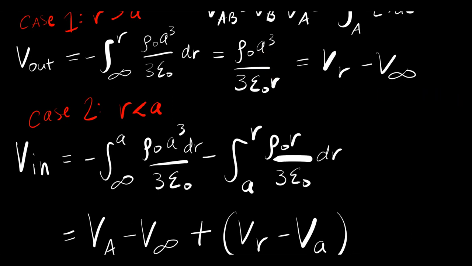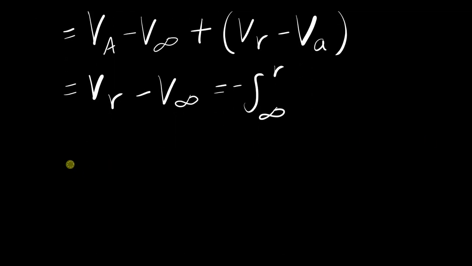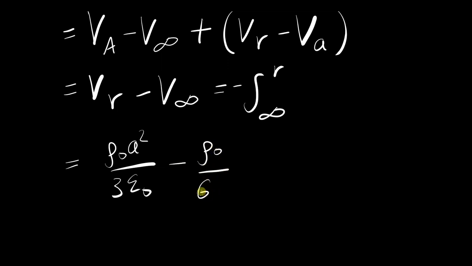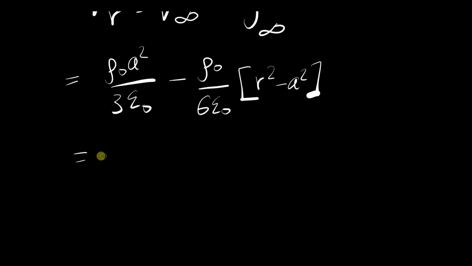Okay, and you're going to end up, after doing some algebra, with rho times A squared over 3 epsilon naught minus, after doing some more algebra, rho naught over 6 epsilon naught times R squared minus A squared, which can be further simplified to rho naught over 6 epsilon naught times 3A squared minus R squared.